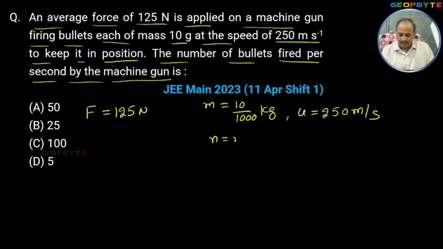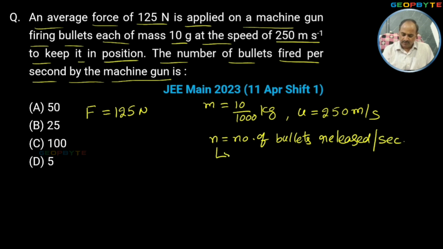Let n equal to number of bullets released per second, right? That n value you are asked to decide. For that, as you know, this force must be equal to mass into velocity for one bullet multiplied by number of bullets. Number of bullets equal to force by mu.